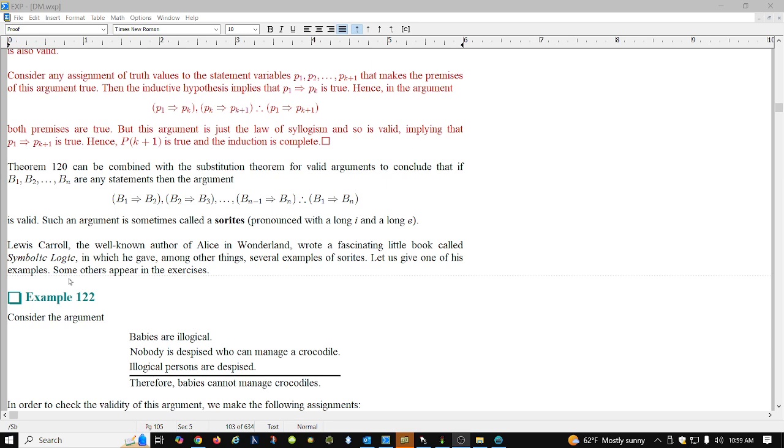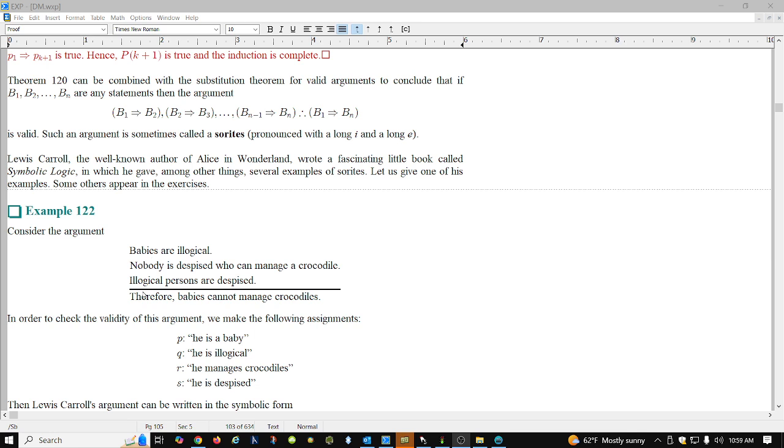Lewis Carroll, who was the author of Alice in Wonderland, fancied himself a bit of a logician, and he wrote a book called Symbolic Logic, which is kind of interesting. It's still available, I think, as a Dover book. And he constructed a large number of sorites of an unusual nature, let's say.